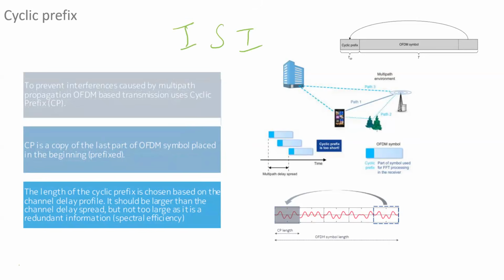In simple words, avoiding interference between successive OFDM symbols. So the question comes, how is the CP constructed? The CP is constructed by taking the end part of the output waveform and copying it in the front of the waveform.